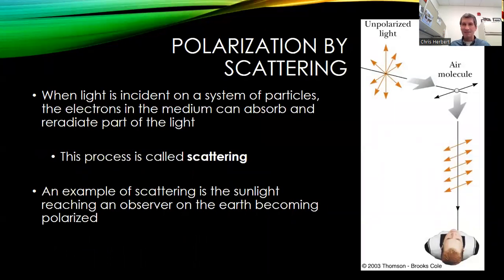Again, a little hard to see here. But as light comes in, light from the sun is unpolarized. It's the air molecules above us, the ones that oscillate perpendicular to the direction that the light would travel down to us, that are going to produce a polarization that reaches our eye.